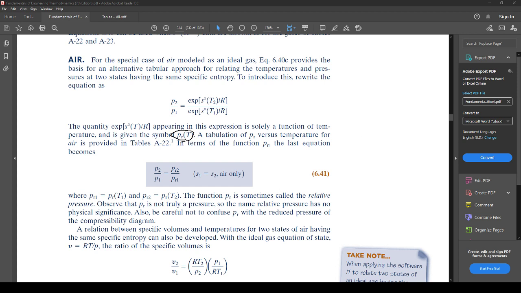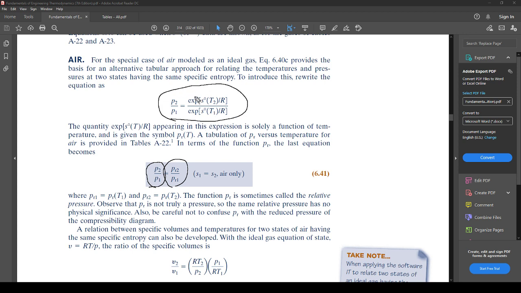Relative pressure. So what this means is that essentially you can represent isentropic processes of air by using this right here. You can use pr, so essentially P2 over P1, the actual pressure ratio, is equal to pr2 over pr1 because it is only determined by temperature.